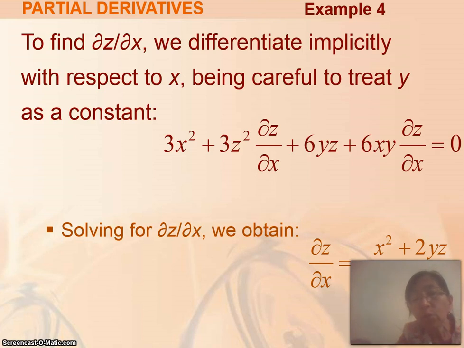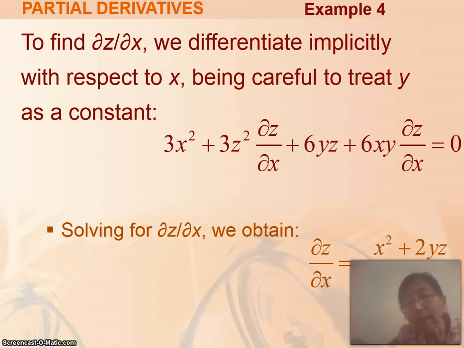3x squared plus 3z squared dz/dx plus 6yz plus 6xy dz/dx equals 0.